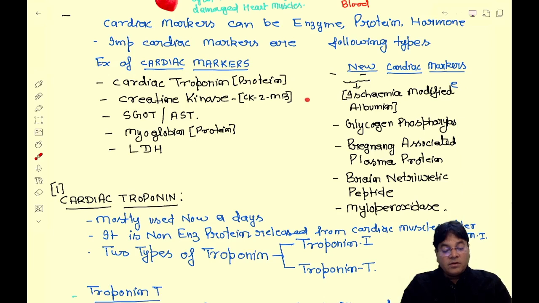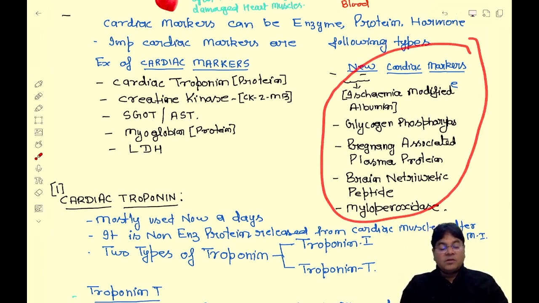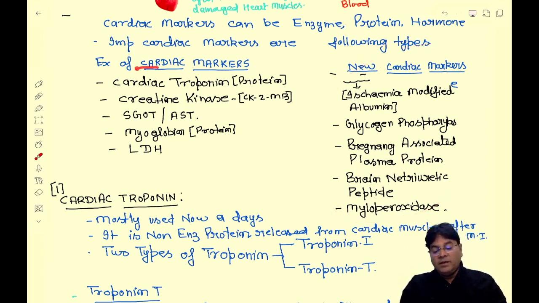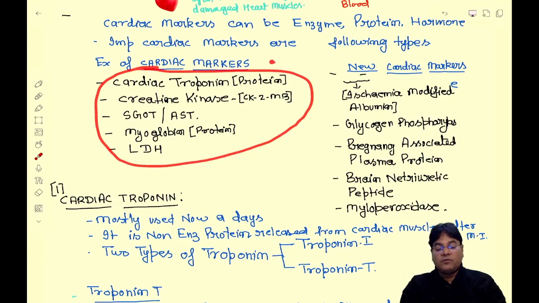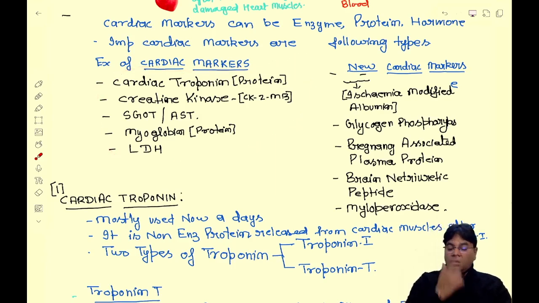That is ischemia modified albumin, glycogen phosphorylase, pregnancy associated plasma protein, brain natriuretic peptide, and myeloperoxidase. They are again used as new cardiac markers. I am not going to discuss these because they are less used, but mainly the other cardiac markers are used to detect the heart attack. I will be discussing each one of them one by one.